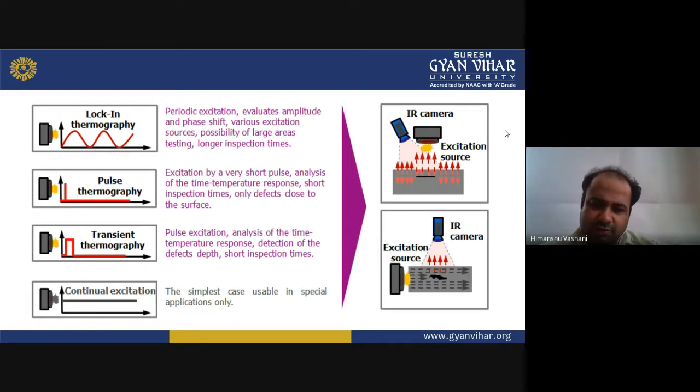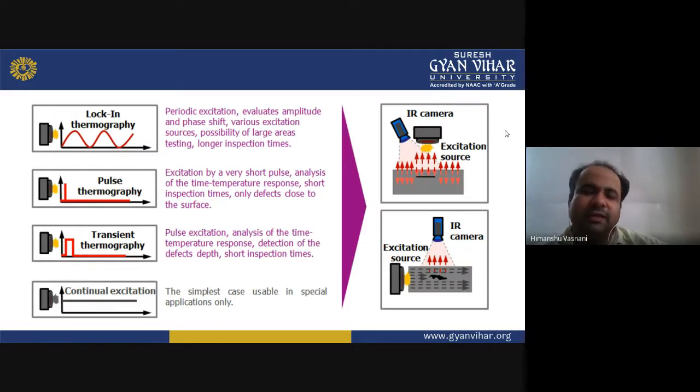It has changed. In the upper diagram, you can see that it is going from top to bottom, the external source. But in the bottom diagram, the source is on the left hand side, and the infrared camera is on the top of the workpiece.